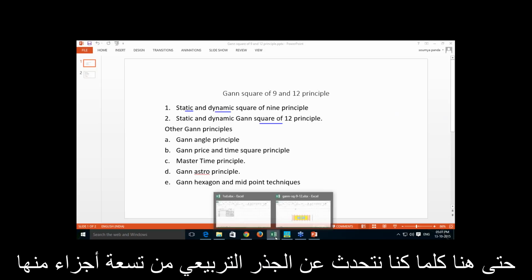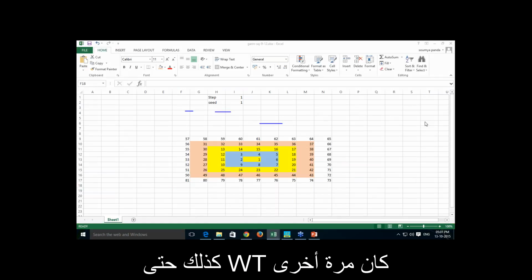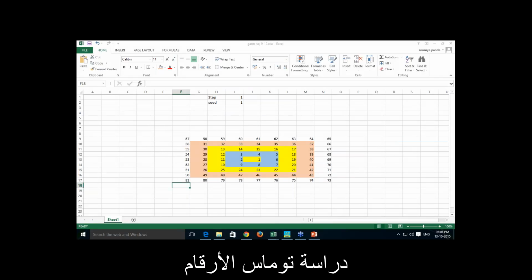So whenever we talk about square of 9 or square of 12, W.D. Gann has done a study of the numbers.